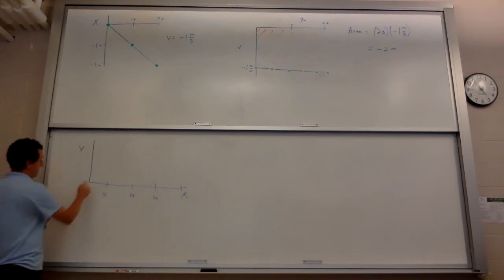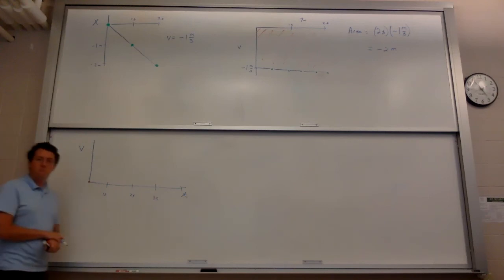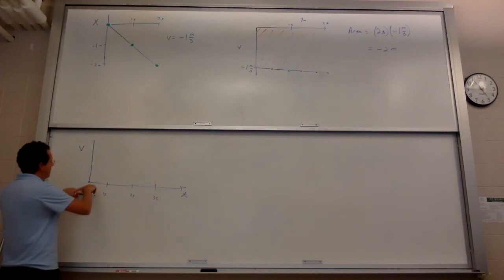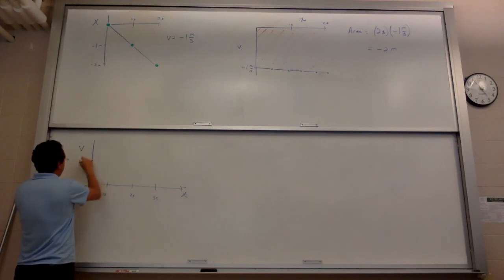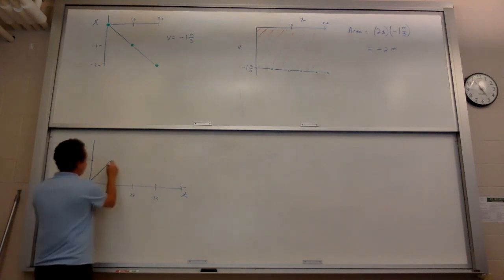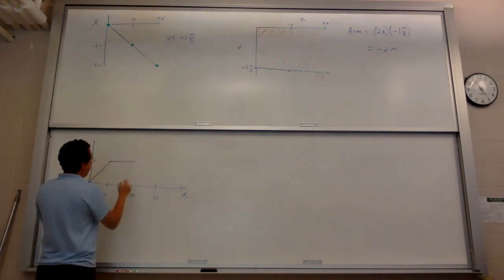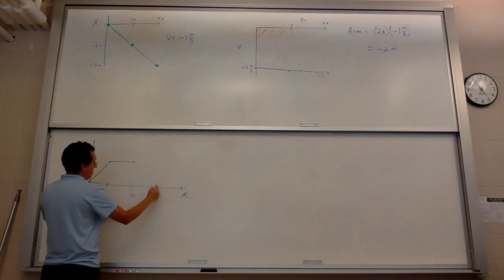And let's say we start at 0 velocity. Then we gained velocity up to 1 meter per second over 1 second. And then we kept that constant value. And then we went down to 0.